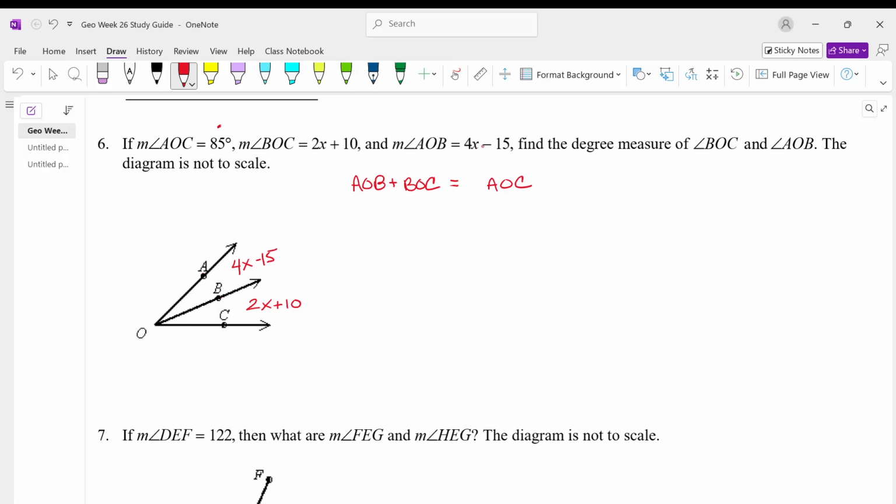So AOB is 4x minus 15 plus BOC, which is 2x plus 10, is equal to AOC, which is 85. So we're going to combine like terms again. We got a 4x and a 2x, which is 6x. Negative 15 plus 10 is negative 5, and that's equal to 85.